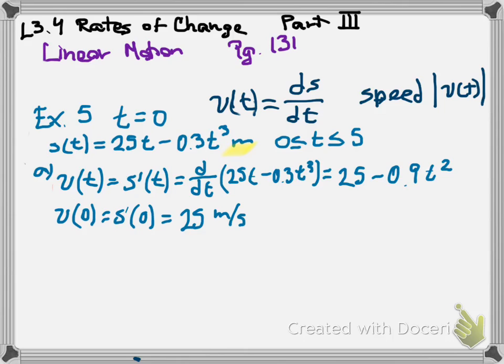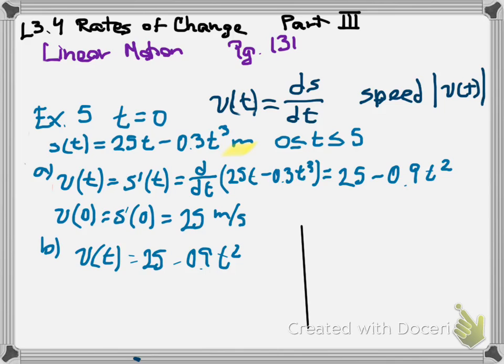Because v of t, the velocity, equals 25 minus 0.9 t squared, if you see the graph of that equation, it's going to be something like this.